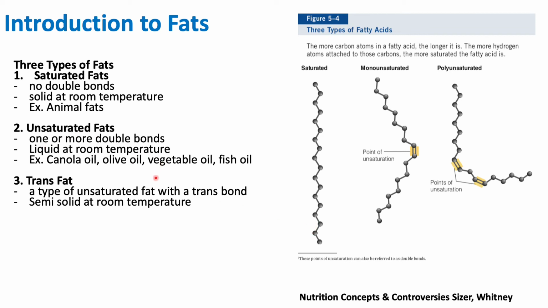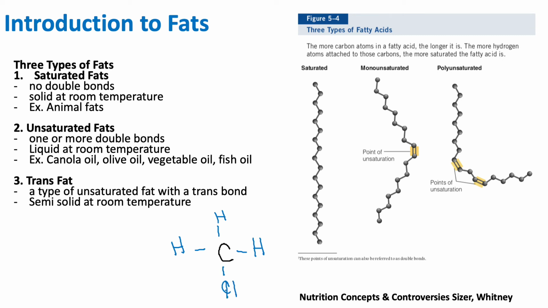An unsaturated fat, it has one or more double bond. So a monounsaturated fat means it has one point of unsaturation, and it's right over here because we see a double bond. A double bond signifies that we do not have a saturation of hydrogens. And that is because if we have this central carbon, and carbon is able to hold 4 bonds, so that means it's able to hold 4 hydrogens.